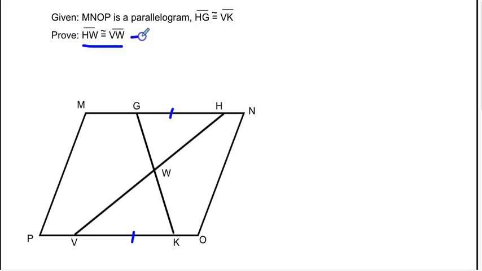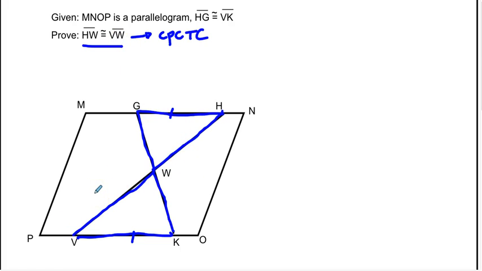Now, you should say to yourself right now, this is going to be a CPCTC proof. First, we're going to prove that these two triangles are congruent. And once I know these two triangles are congruent, I could use CPCTC to prove that HW and VW are congruent.